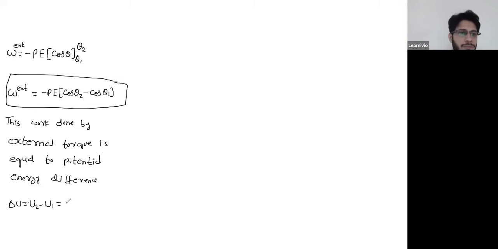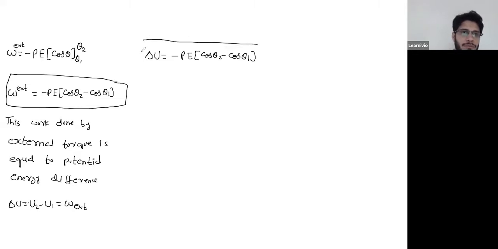So delta U is minus P E times (cos θ2 minus cos θ1). And this is also the expression of work done by external torque: minus P E times (cos θ2 minus cos θ1).